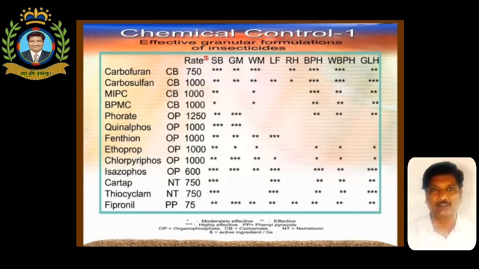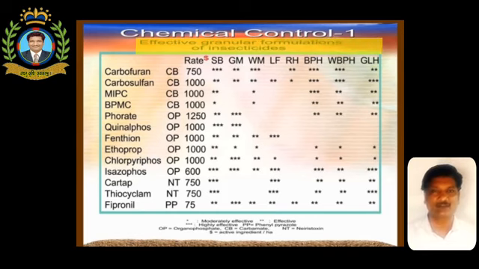If you classify this particular group, it can be broadly classified into two. The first one is granule formulations, which can be used because they have a lesser residue effect, whereas the other one is known as EC formulation, which we also call a spray formulation. The first one we are going to see is granule formulated insecticides.